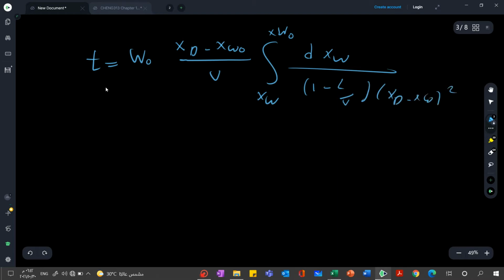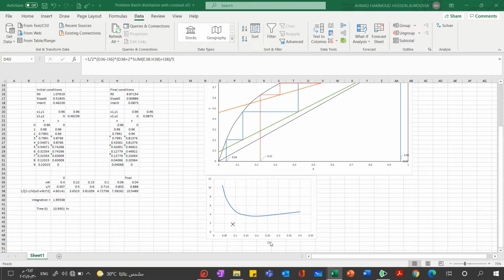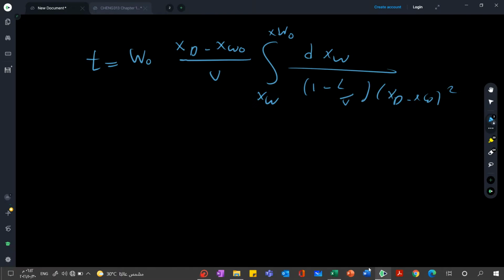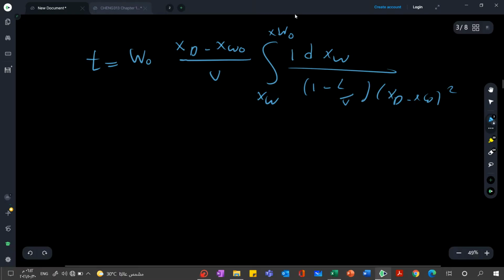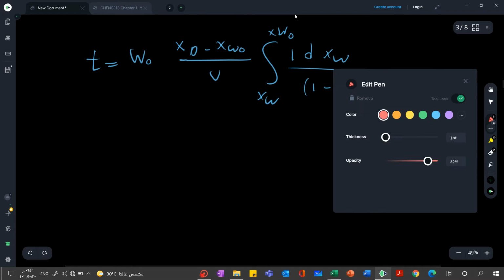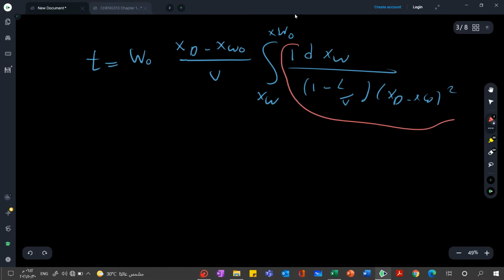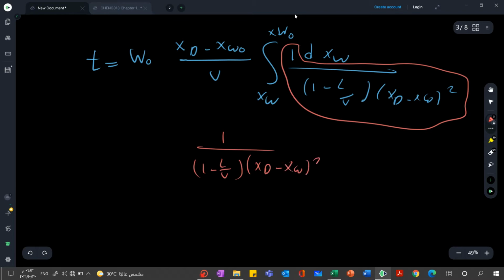So what is the Y value, which is here? This is the Y value, the function value: 1 over (1 minus L over V) multiplied by (XD minus XW) squared. This is the Y value.